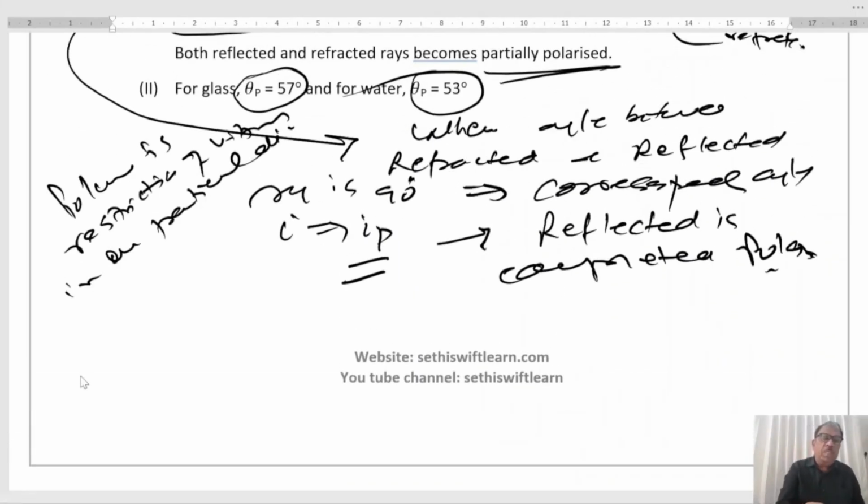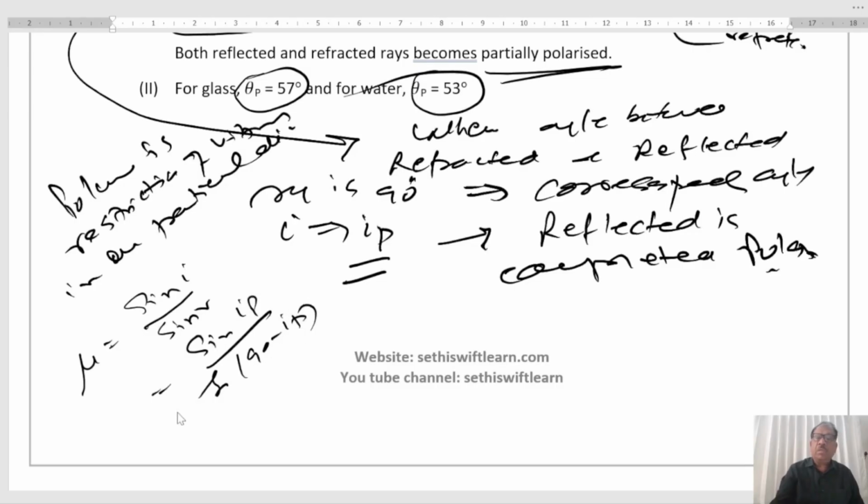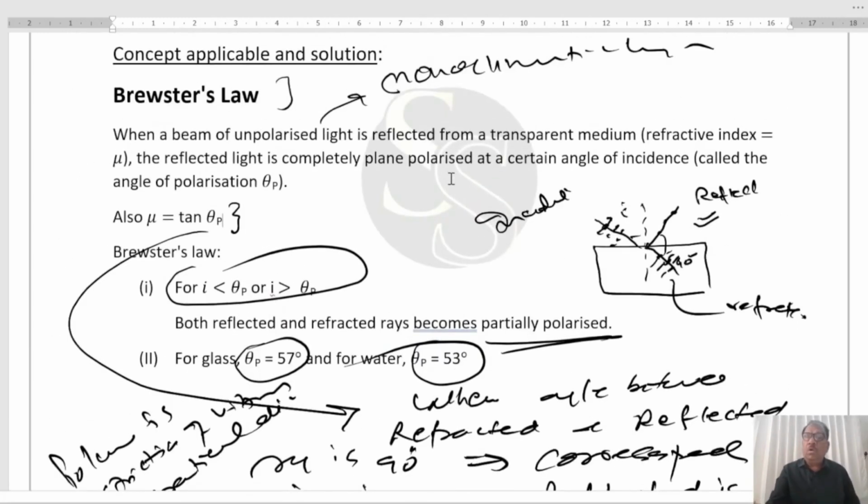What is Snell's law? Mu equals sine i upon sine r, that is sine IP over sine of 90 minus IP. Reason: you know the laws of reflection, this is IP, so this will be IP, right?